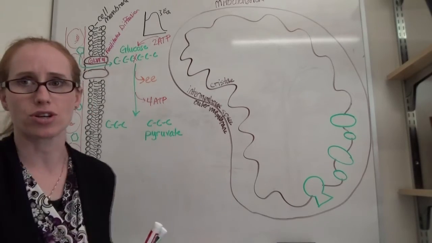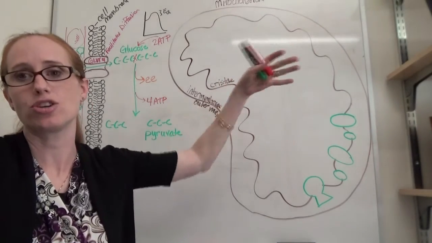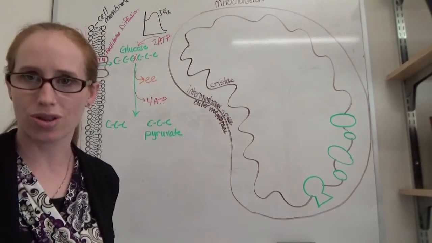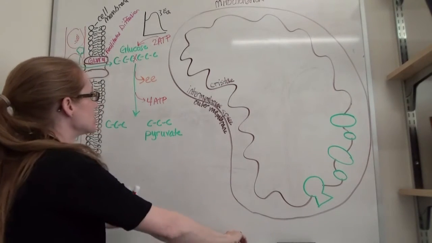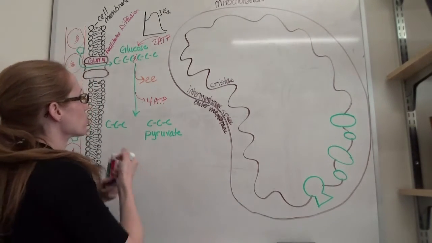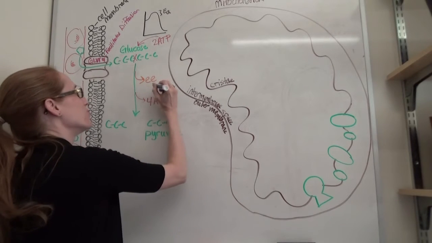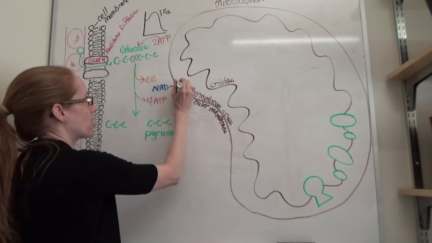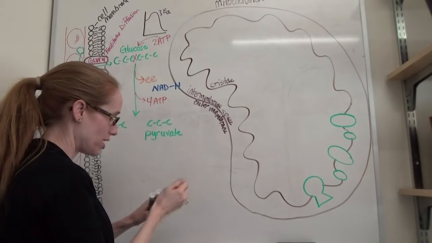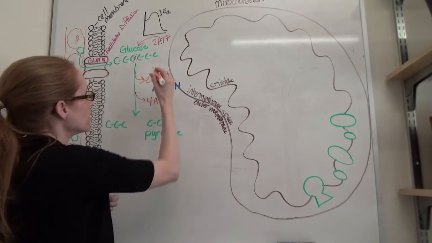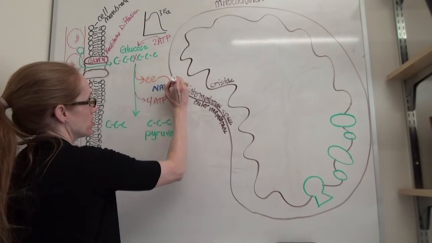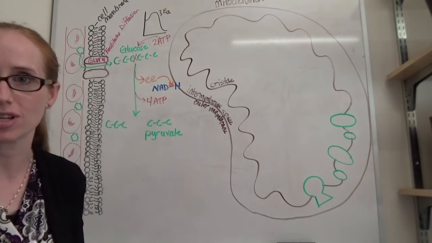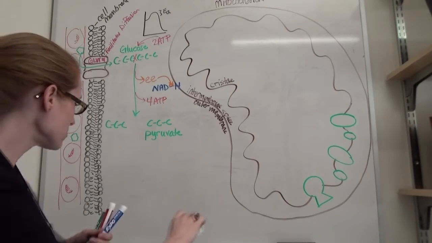Now what do we do with electrons? So these are high energy electrons out in high energy shells, and we want to store them that way. So if you remember, we're going to temporarily store them on our storage molecule, which is NAD, and we're going to tack on an H, and we're going to put those 2 electrons into that bond right there to store them temporarily for later. So that's our first NADH.